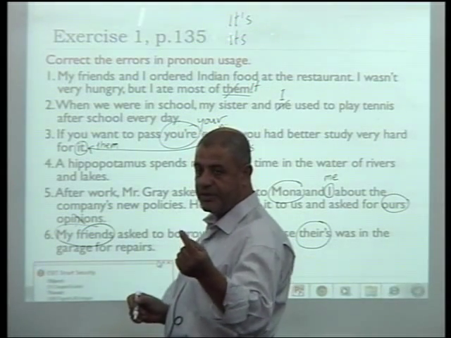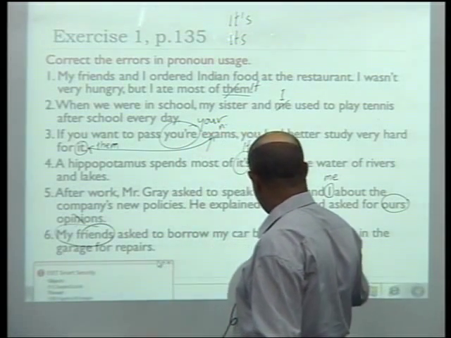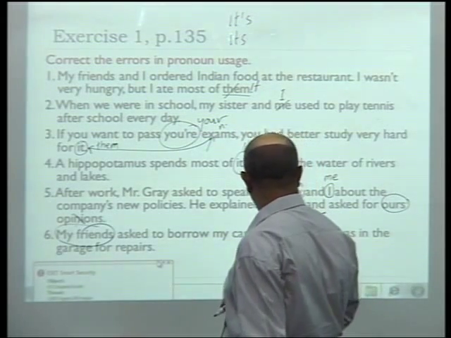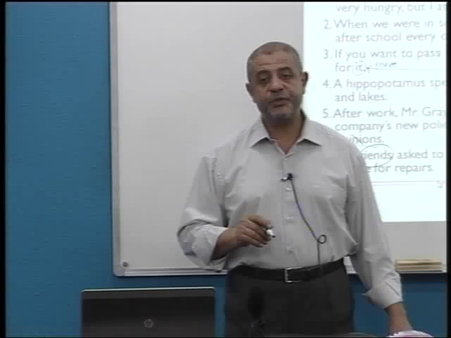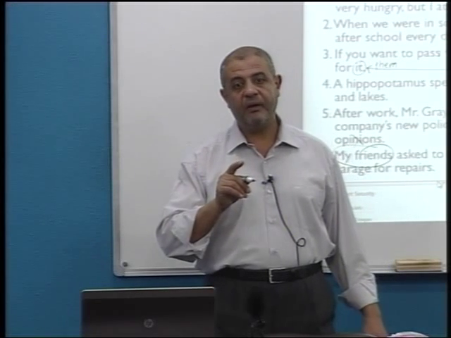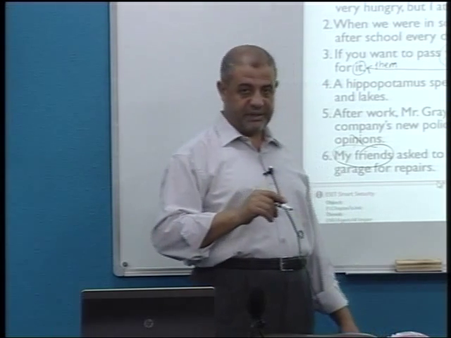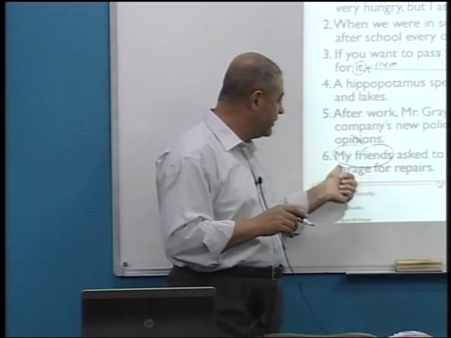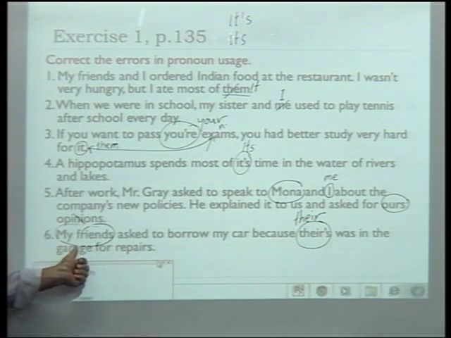Who's the speaker? Because their car was in the garage. Always say car, this without apostrophe. That's right, without apostrophe. Now we are talking, look, the pronoun refers to the noun, this noun. This is called the antecedent.